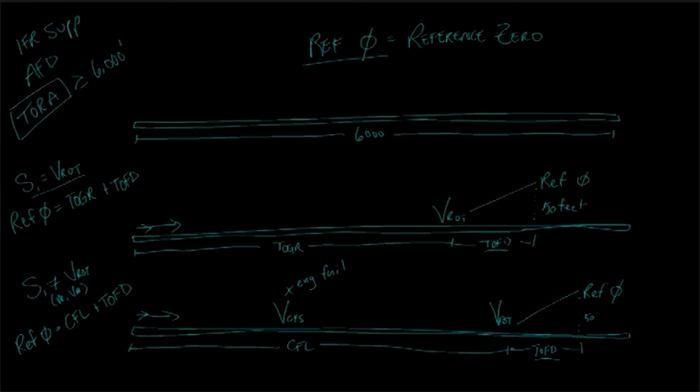And when we determine the minimum runway length required, we're going to look at either is the runway 6,000 feet or is our reference zero greater. And whichever we determine as greater is now going to be the minimum runway required for our takeoff. And in the following videos, we're going to figure out why, when S1 does not equal rotation speed, why do we use critical field length versus takeoff ground run.